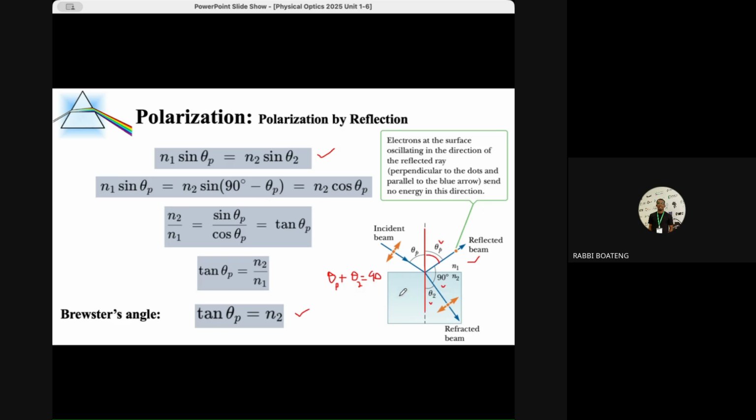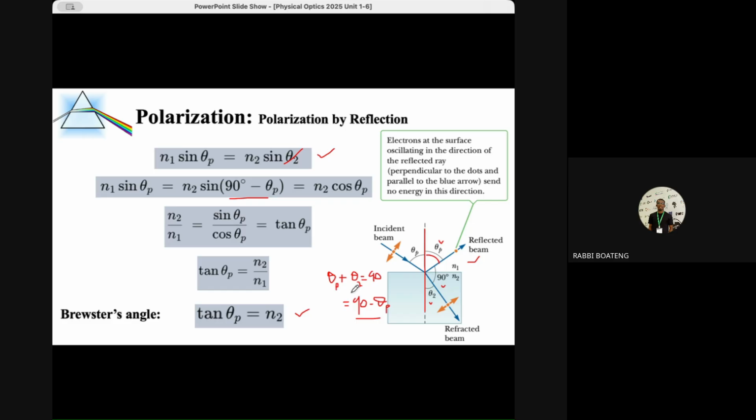Now, because this is 90, if I want to make the angle 2 the subject, that is going to be 90 minus our angle theta p. So this is what I have inserted here. Now I've removed the theta 2 and replaced it with this angle.